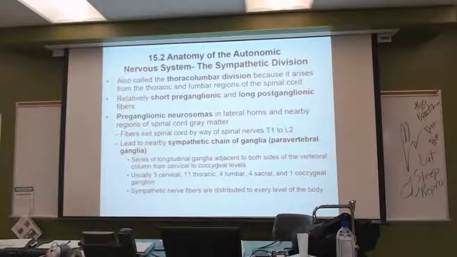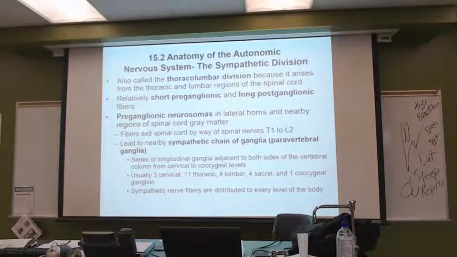So, in this division, some of the fibers synapse directly in the chain ganglia. Some pass through and synapse in one of 3 other ganglia that exist: the celiac, superior, or inferior.